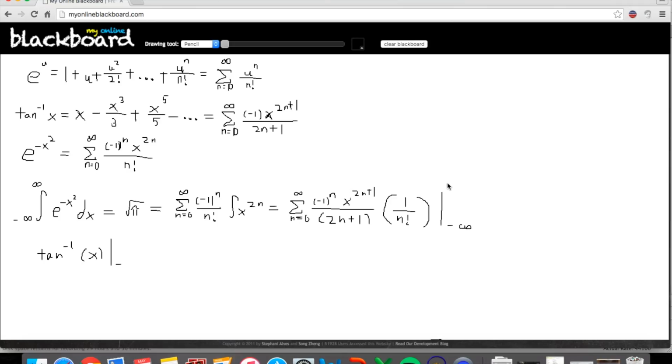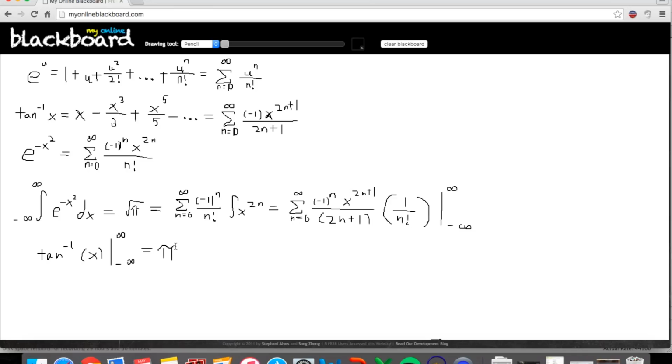So you have negative infinity to infinity, you have that here too. So you have negative infinity to positive infinity is actually equal to pi, because inverse tangent of infinity is pi over 2, and then we subtract from that inverse tangent of negative infinity, which is negative pi over 2.